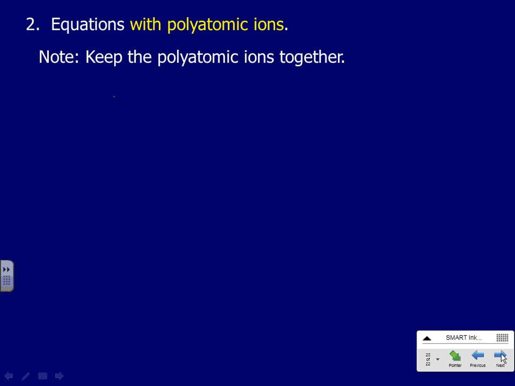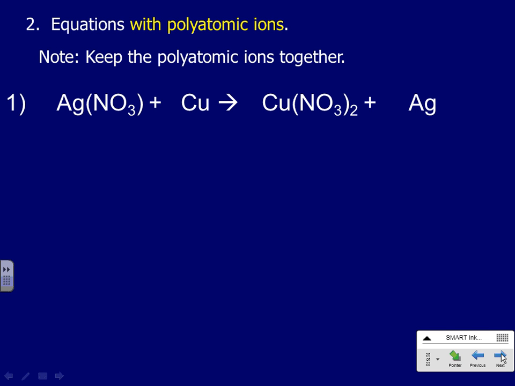There are many chemical reactions where the polyatomic ion stays together, the nitrate or the sulfate or the carbonate. And in this reaction here, as you're writing, you'll notice there's a nitrate over here, and there's a nitrate over here, which means the nitrate didn't change.